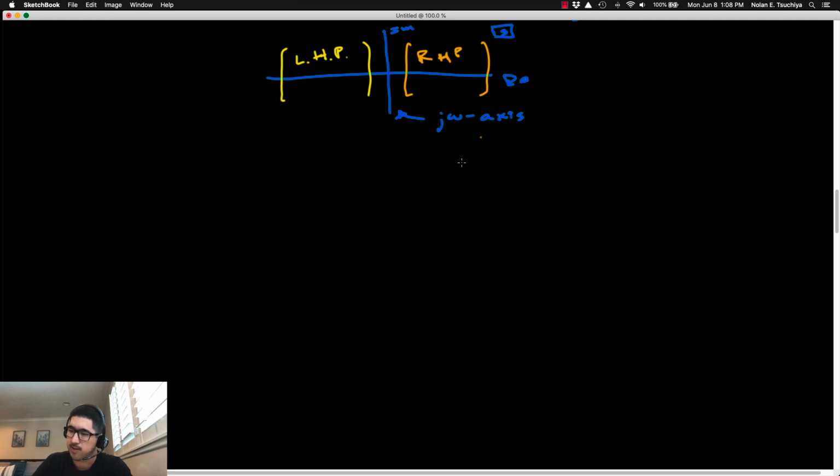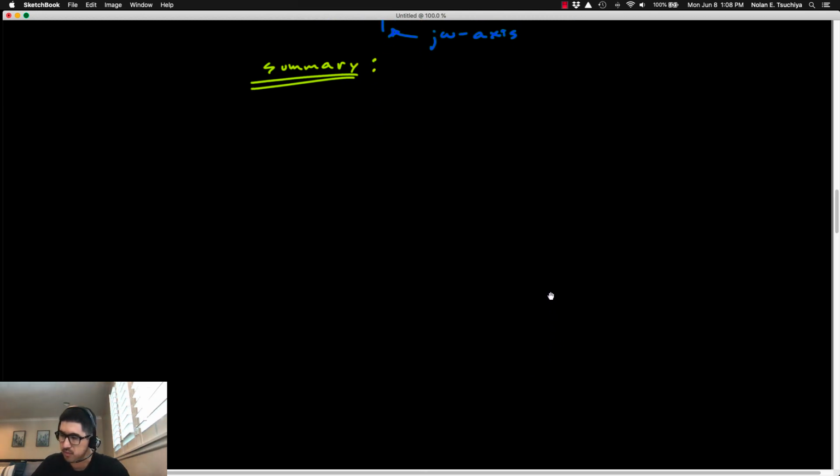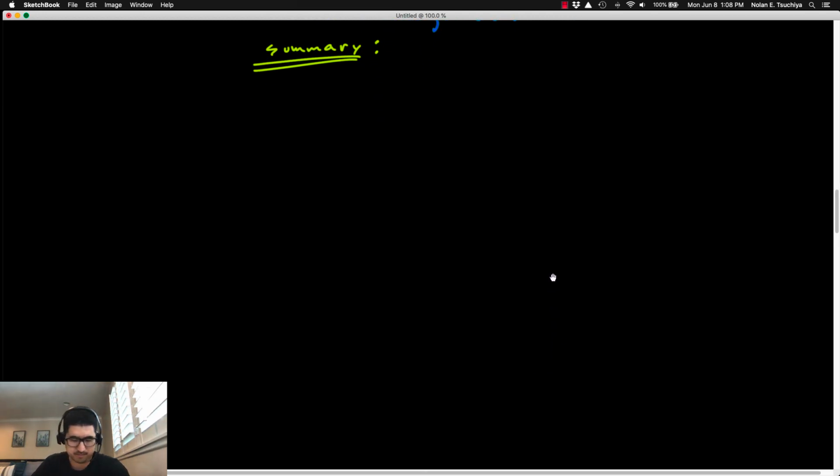Okay. So based on this setup, we can actually define our definition, make it a little bit more specific for when we're talking about the poles of the transfer function. Okay, so that's going to go like this.